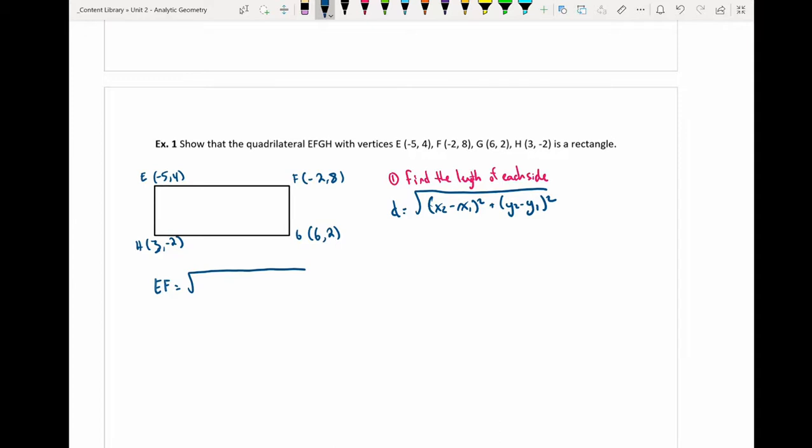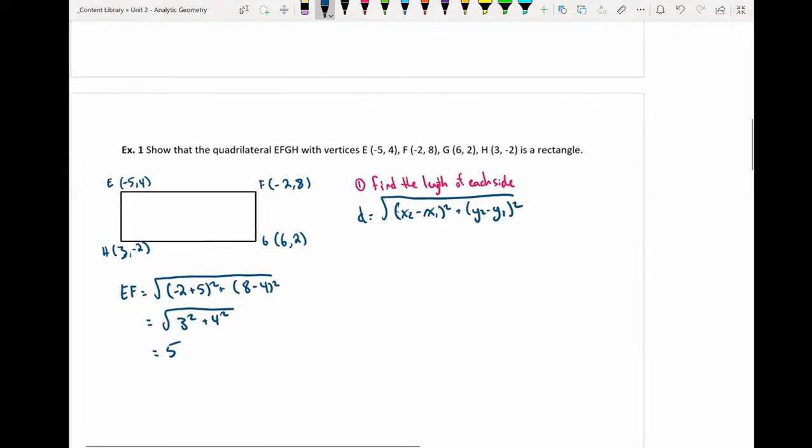If we plug our points in, we have -2 minus -5, but minus a negative is plus, so -2 plus 5 squared, and then plus y2, or 8, minus 4 squared. This works out to 3 squared plus 4 squared. And when I simplify everything, it works out to 5.